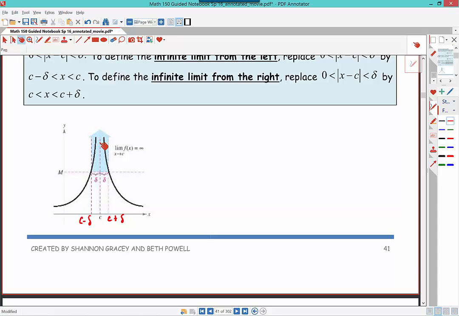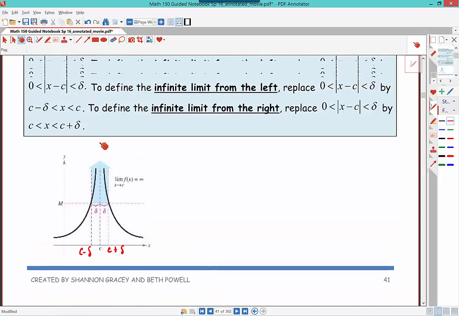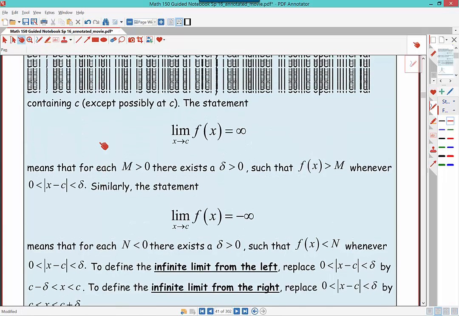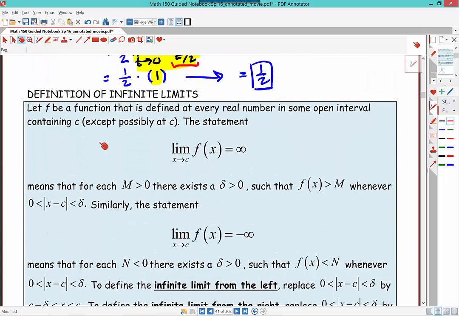So basically, if you're looking at infinite limits, it's very useful because this gives us the behavior of the graph at vertical asymptotes, and for curve sketching is very, very useful.